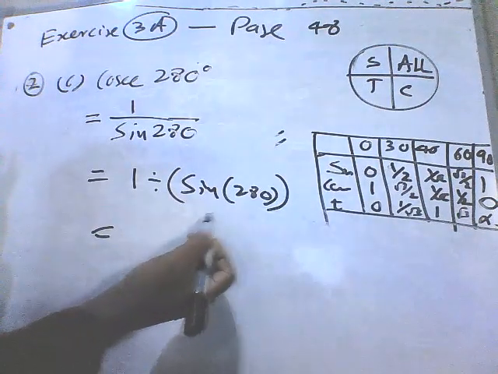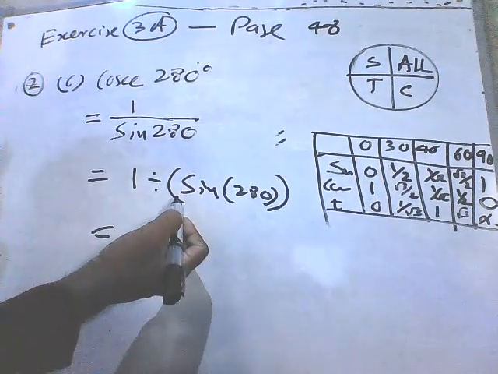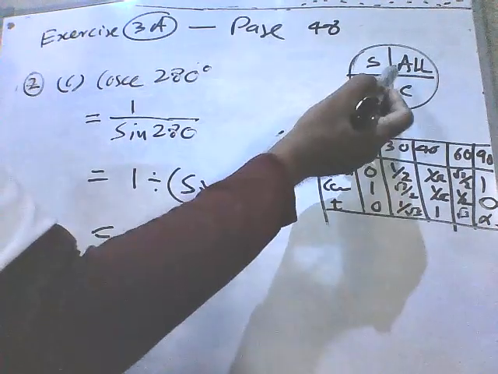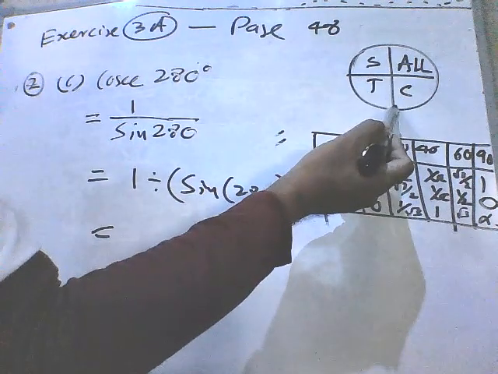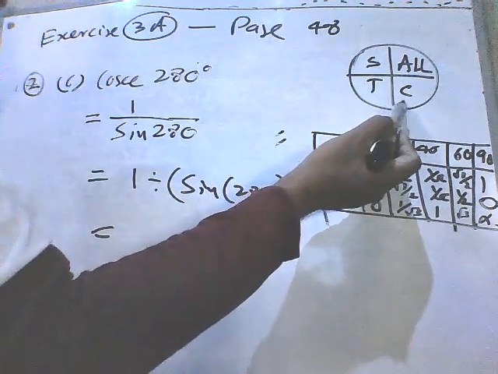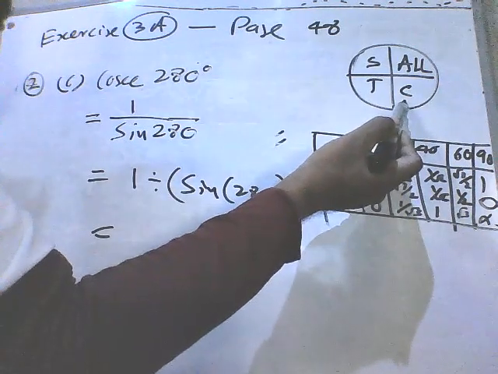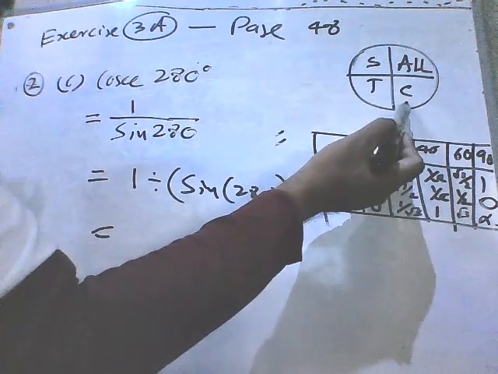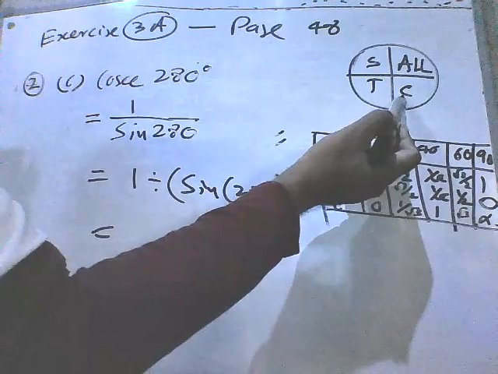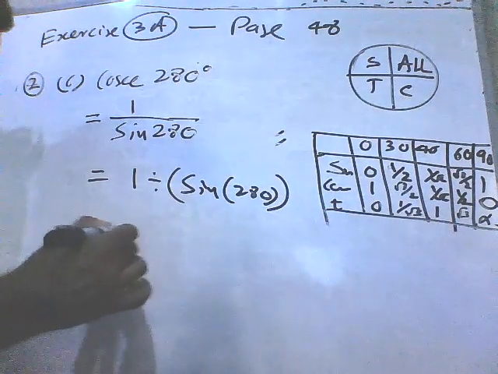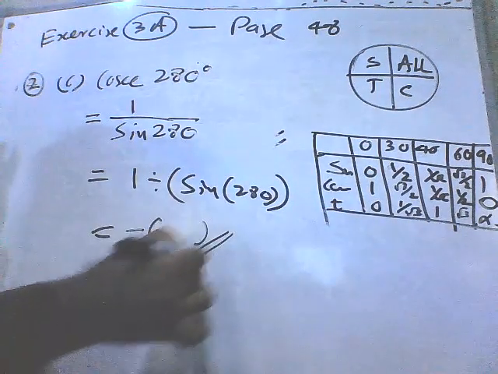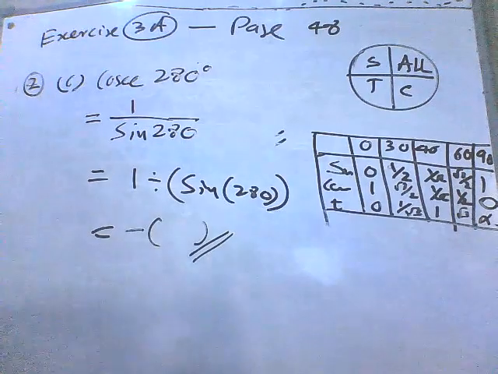Of course you might not be able to guess the value, but the sign surely you can. So here 280 means 270 and another 10 degrees. So surely the sine value should be negative, and 1 over the sine value is also negative. So you should get a negative answer. If it's not coming, that means you have made a mistake, right?